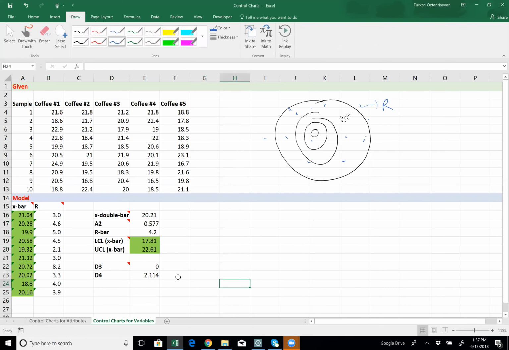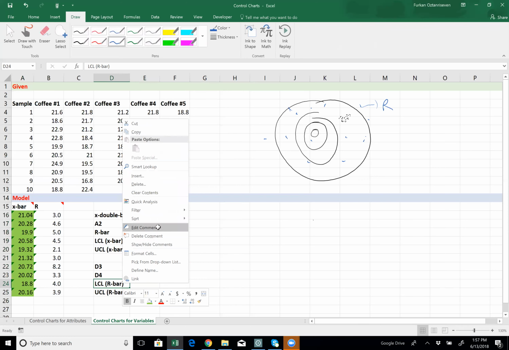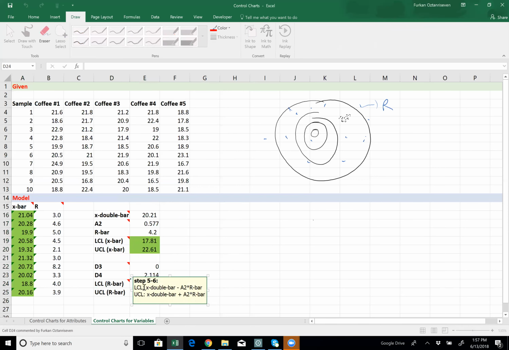All right. So based on step 7 and step 8, which are D3 and D4, I will calculate again the lower and upper control limit, but this time not for X bar, this time for R bar, for the range. The formula here is slightly different. The lower control limit is D3 times R bar, and D4 times R bar is my upper control limit.